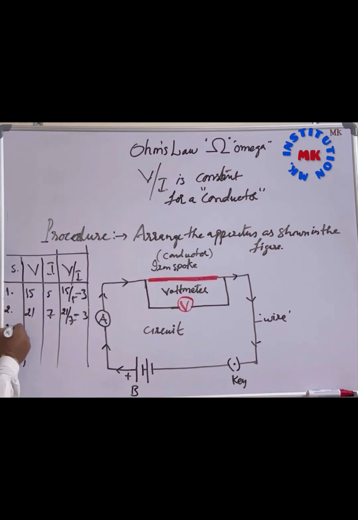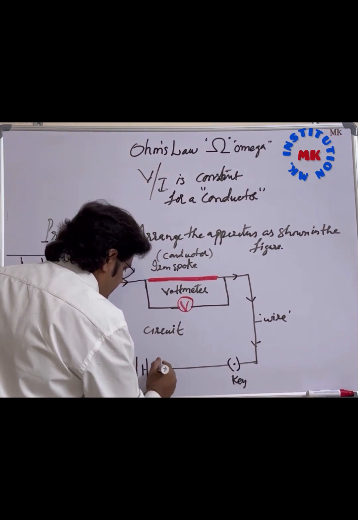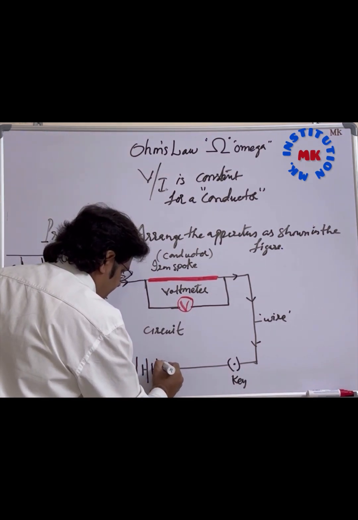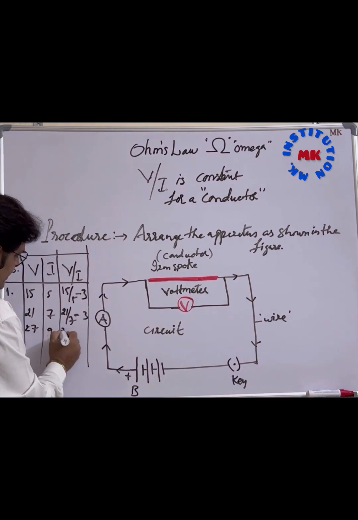Next, the third one. Now apply the next battery, the third battery. The next reading, suppose 27, and 9 ampere. So 27 by 9. What answer are you getting?